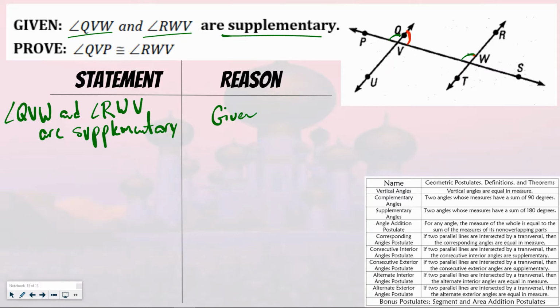That one and that one are supplementary angles. So I'm going to start with that as my first statement, that angles QVW and RWV add up to 180 degrees by the definition of supplementary angles.